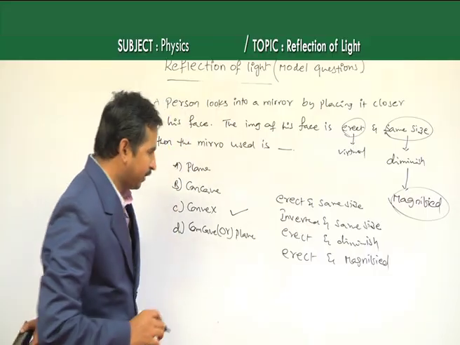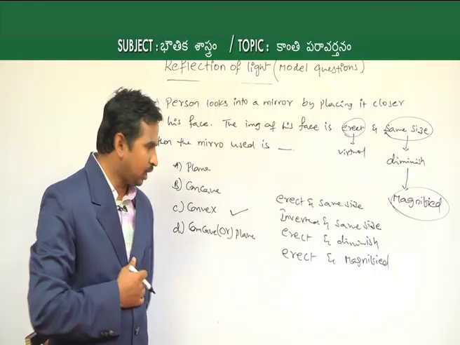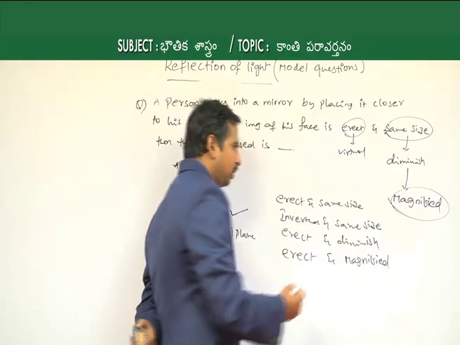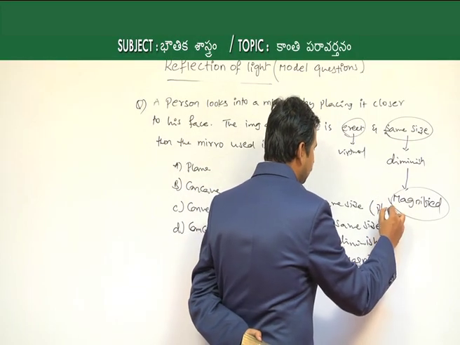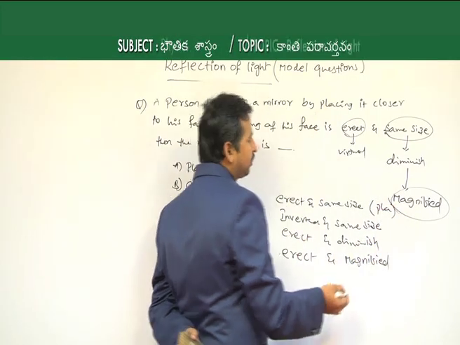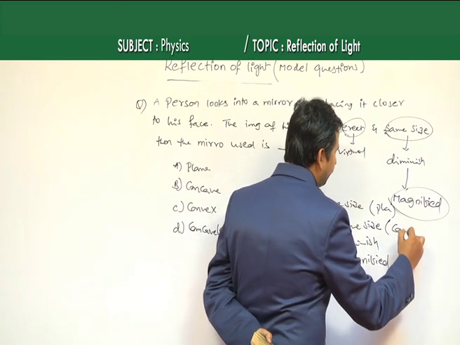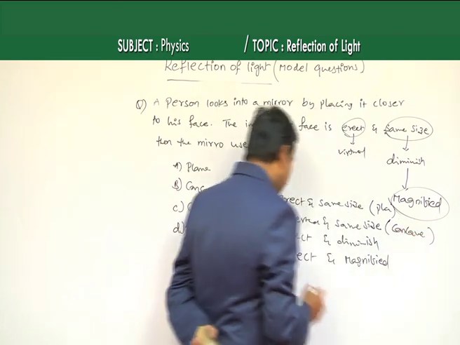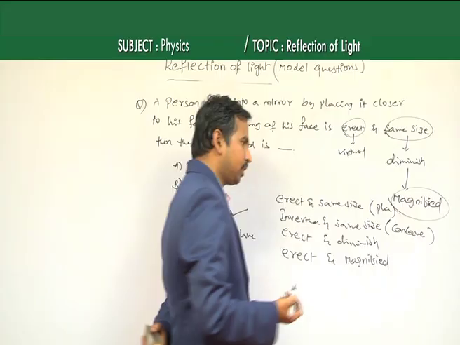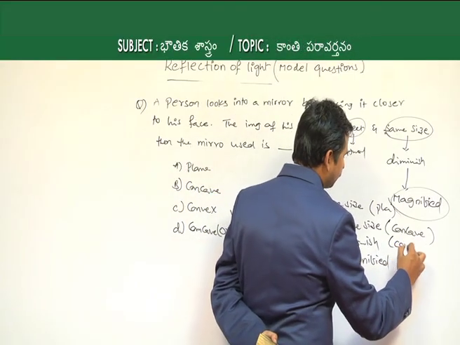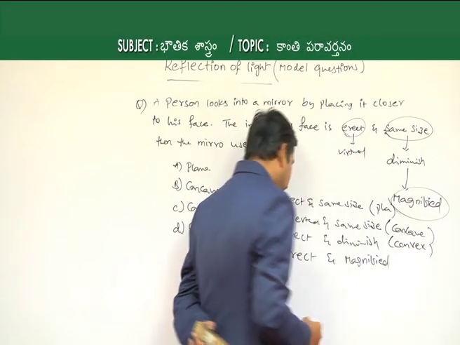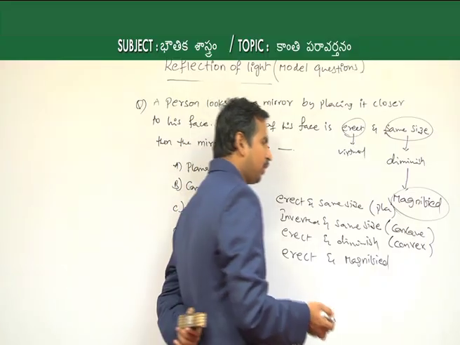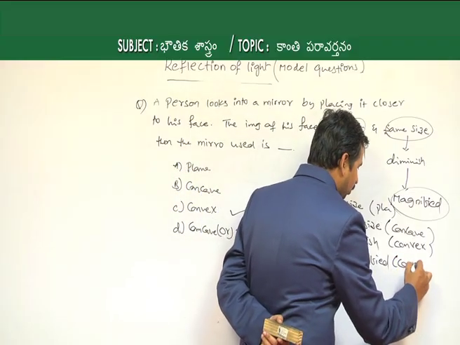Like these four possibilities we have: erect and same size, we know that is the plane mirror case; inverted and same size is the concave case; erect and diminished is the convex case; and if you take erect and magnified, then it is again concave.